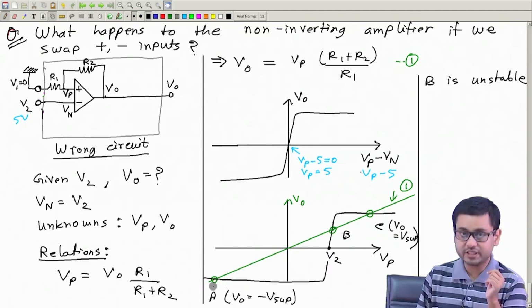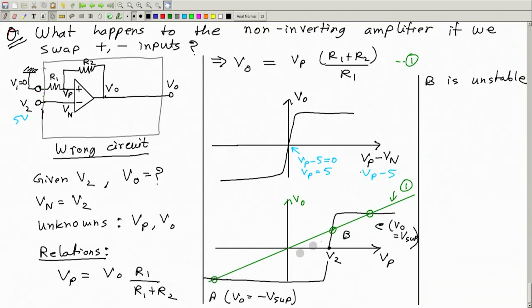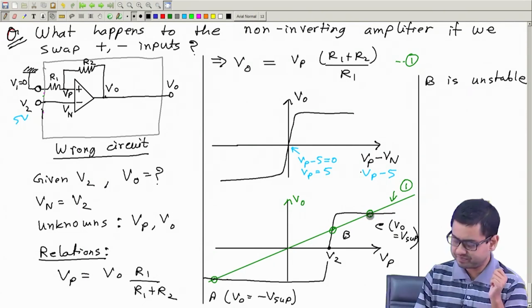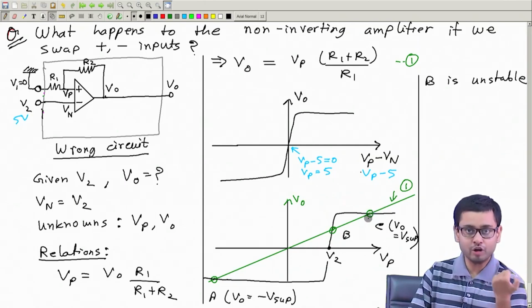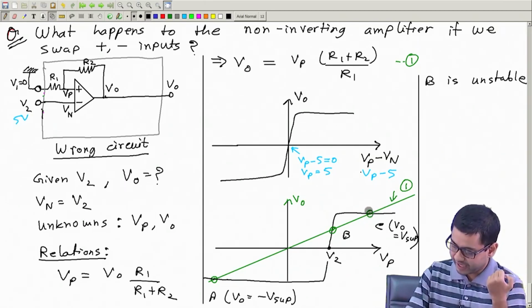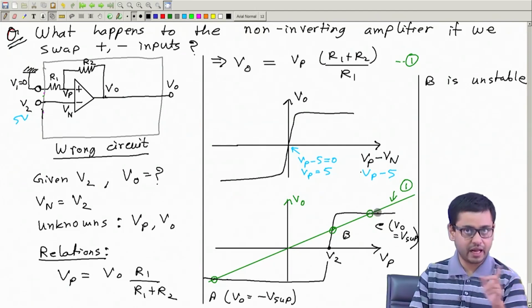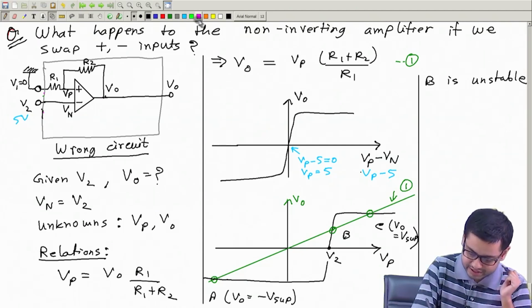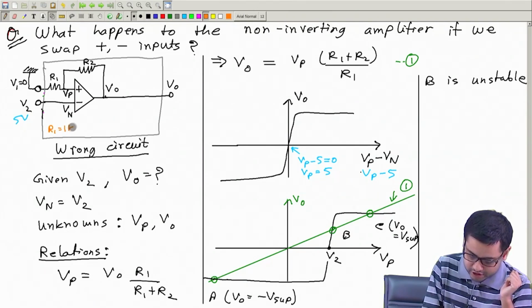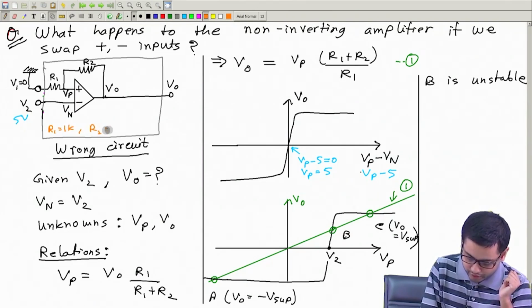So the output will saturate. It will be either negative or positive saturation, and it will depend on what the previous value of the output was. Take the same example as before: R1 equal to 1 kilo, R2 equal to 1 kilo.